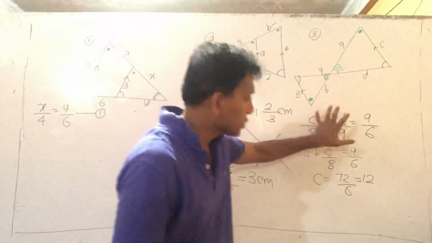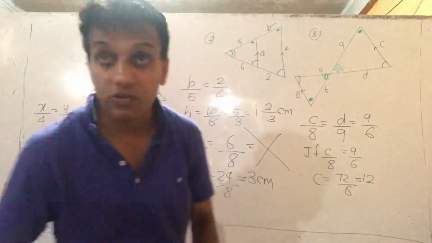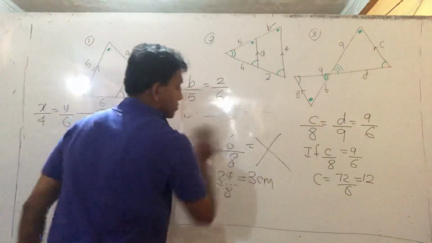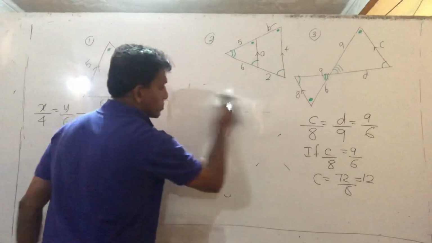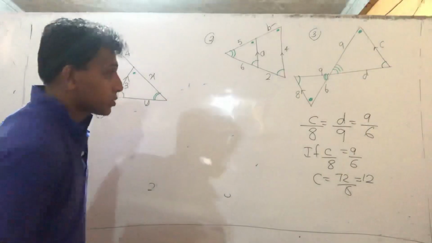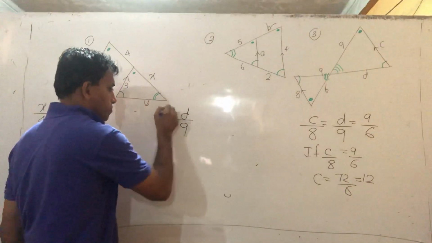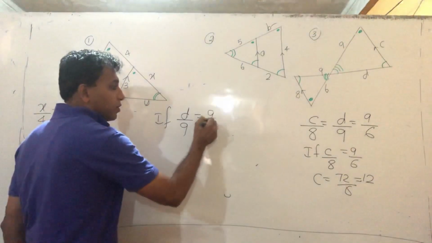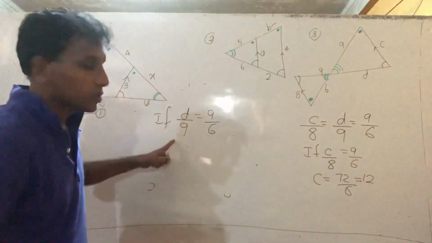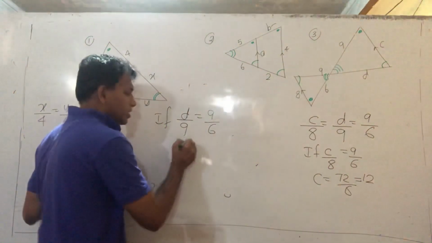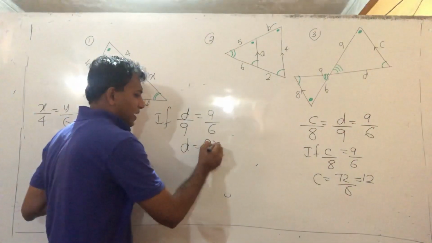Next, take the other two pairs and find the D value. So D over 9 equals 9 over 6. Cross multiply: D equals 9 times 9, or 81.